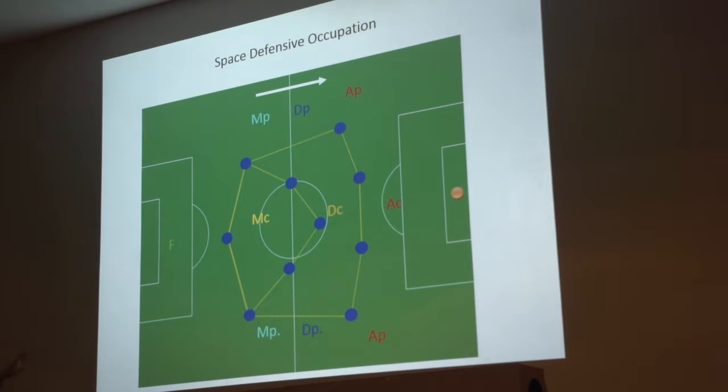Hence, they decided to divide the field in this way. The picture here is based on the defense. You have a team that's going in attack in this direction. The blues are the lines of defensive players of the adversary. And the idea is that each time that you go inside here, it's more difficult to play.